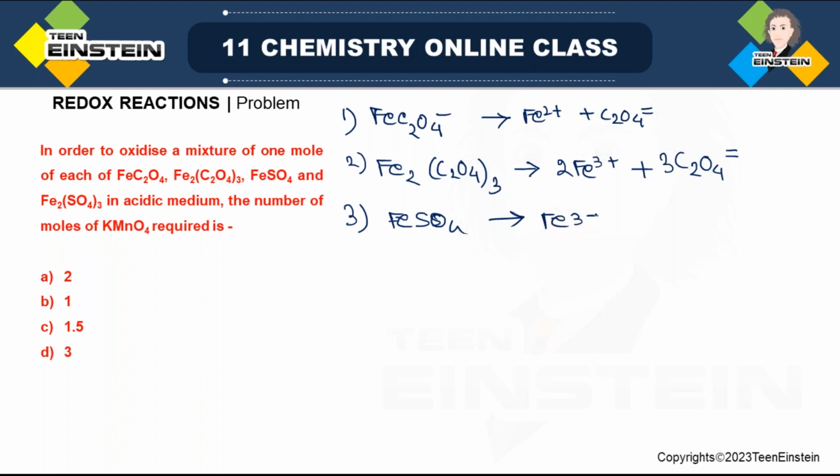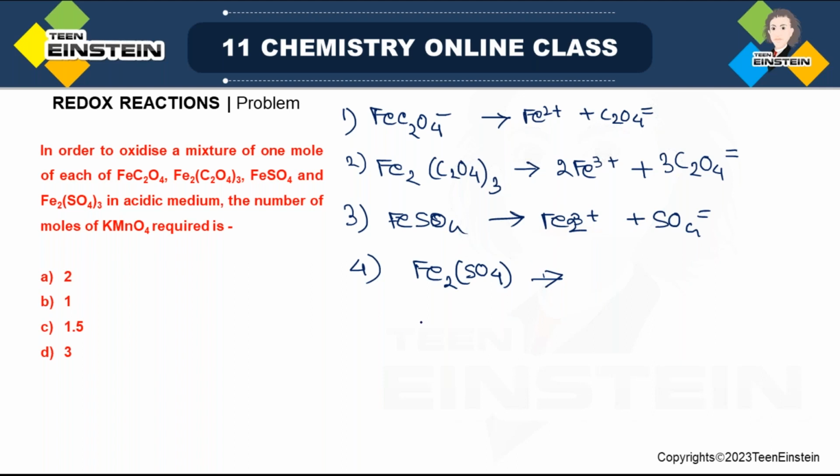So it contains Fe2 plus ion and sulfate. And the fourth one, ferric sulfate. So the first two are basically salts of iron and C2O4. The only difference is Fe2 plus and 3 plus. Third and fourth, these are sulfates. So the difference is, sorry, it is 2.